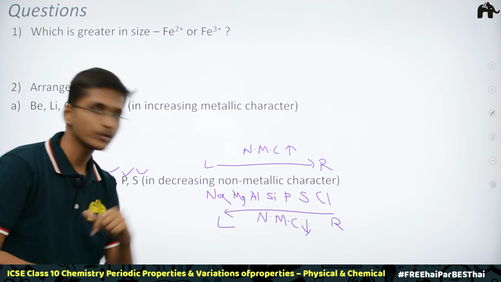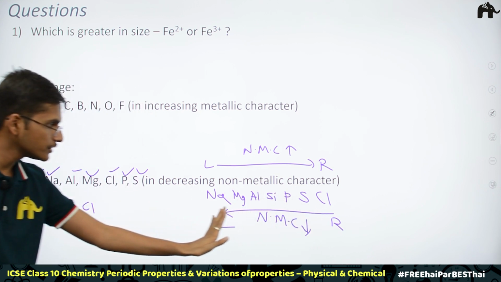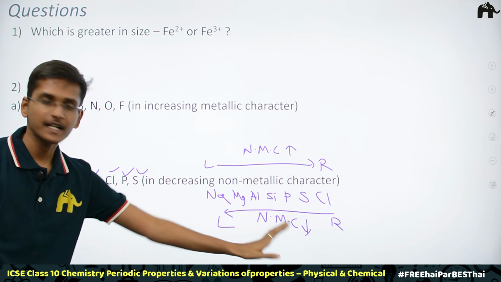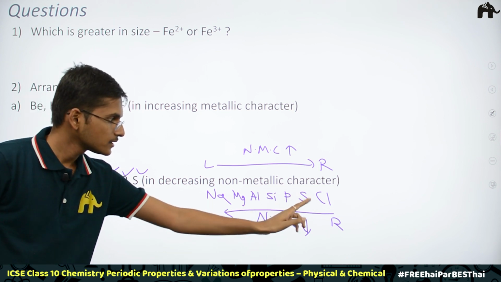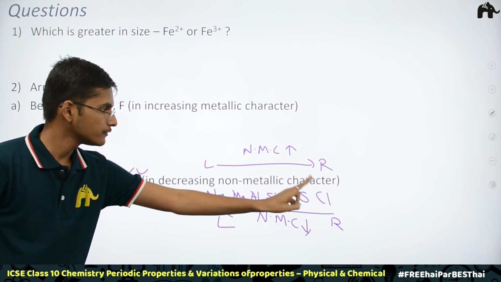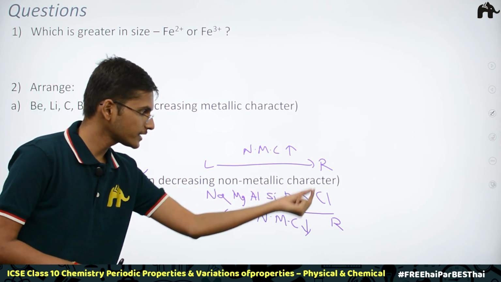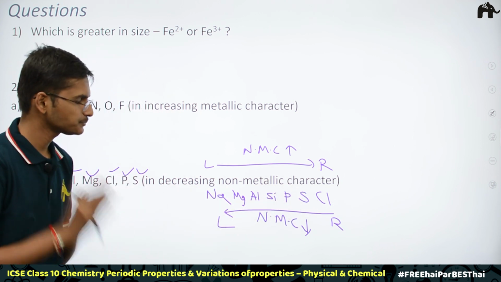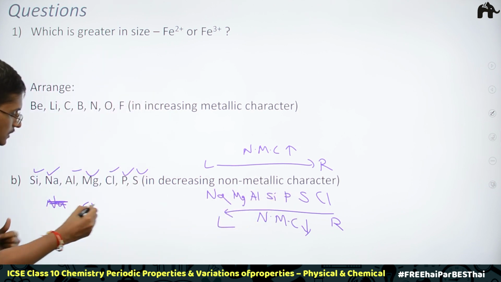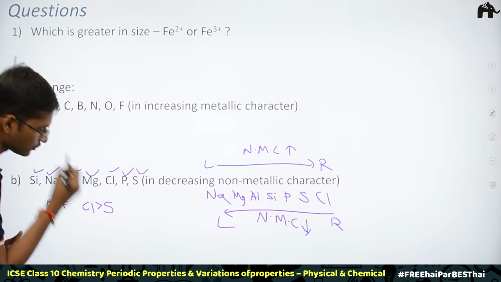The one just next to it. Moving from chlorine to sulfur, the non-metallic character is less, so sulfur has less than chlorine.